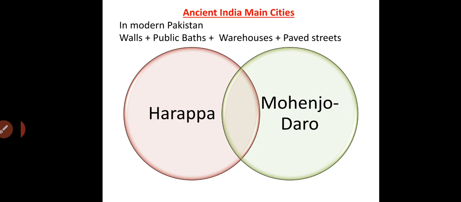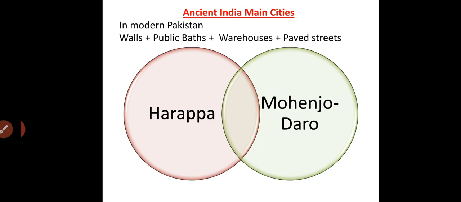Both cities were built with walls around them, public baths, warehouses and paved streets. So again, the ancient India main cities are Harappa and Mohenjo-daro. Both of them are in modern Pakistan.